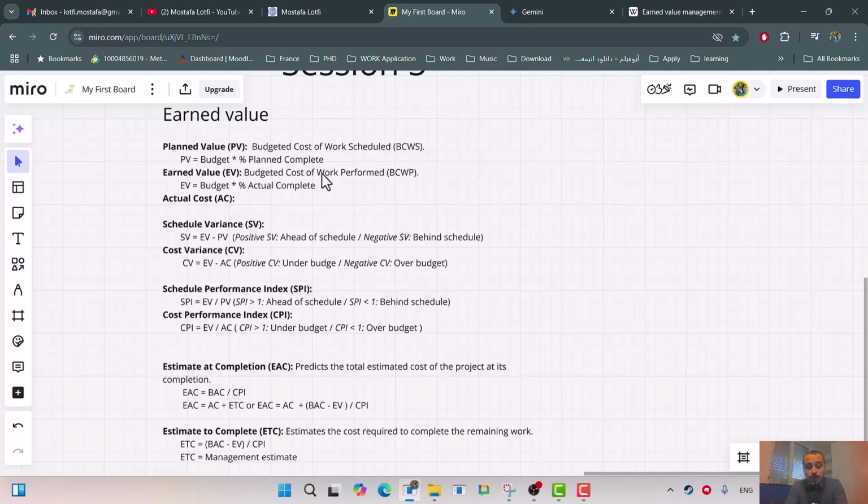What I'm going to do is give you a very simple example, and we try to follow the example and provide the information based on this formula, and we calculate it together and see how earned value can help, and also what is the meaning of each variable and each KPI.